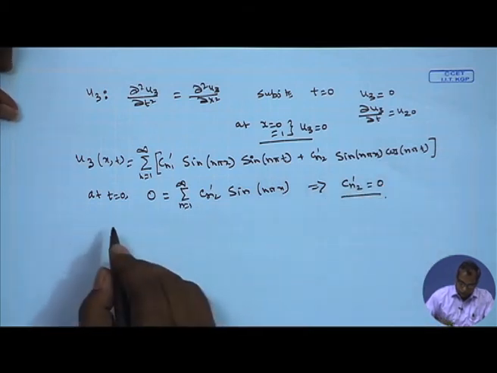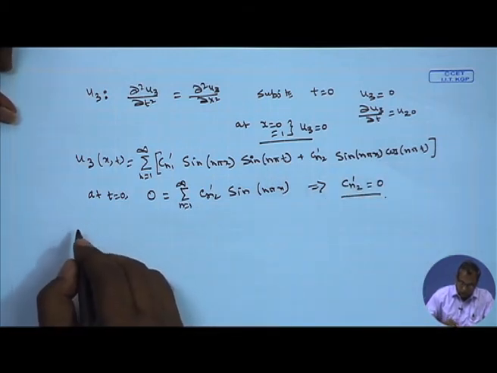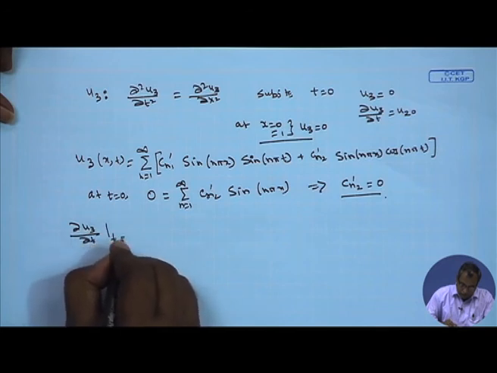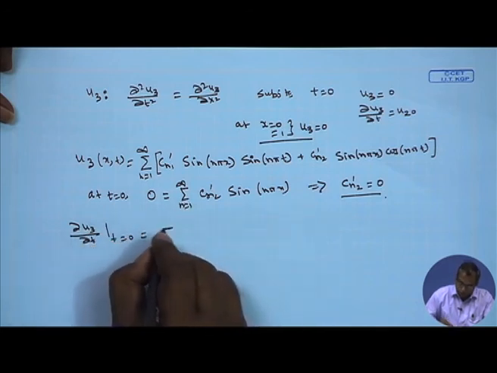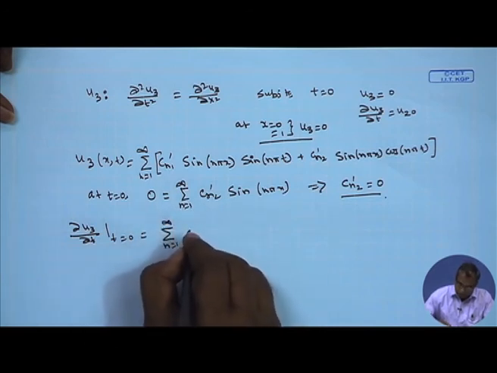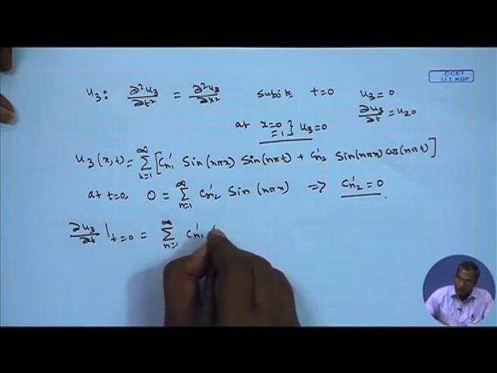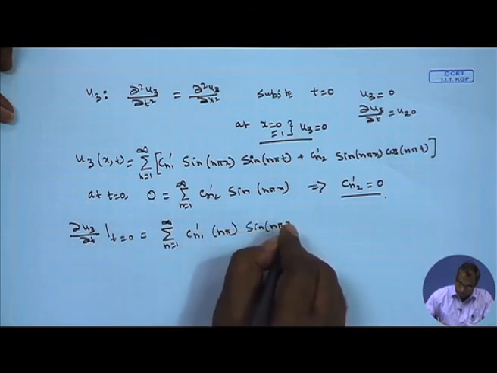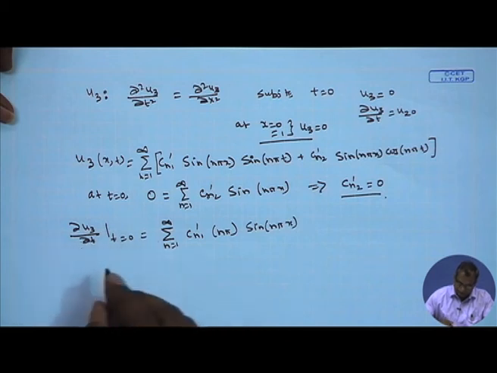Okay. Then we take the other one, del u3 del t is equal to 0. So, del u3 del t at t is equal to 0 will give you the value summation n is equal to 1 to infinity c n 1 prime n pi sin n pi x, and del u3 del t is equal to u2 naught.